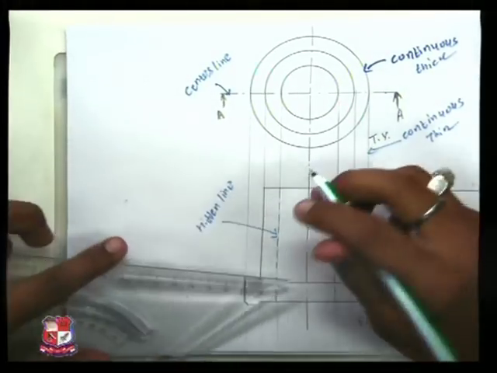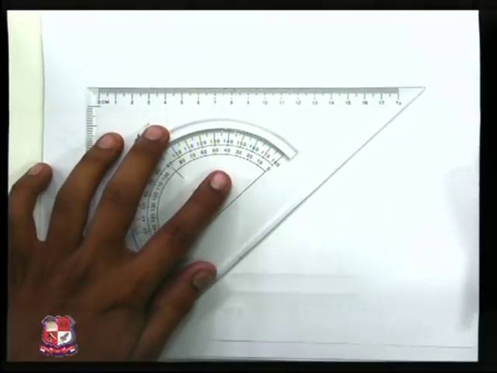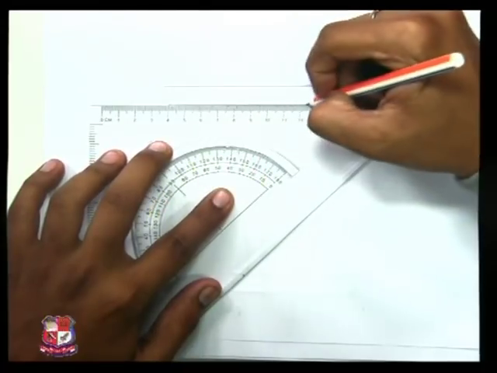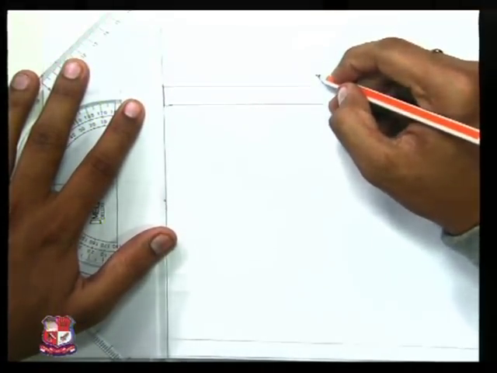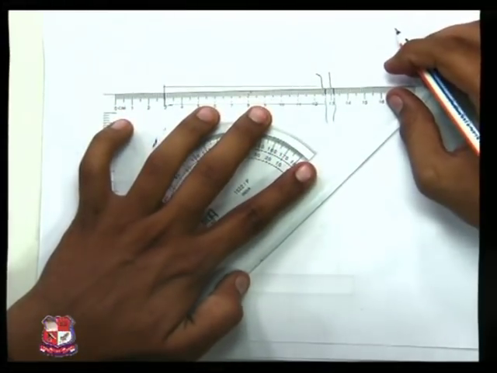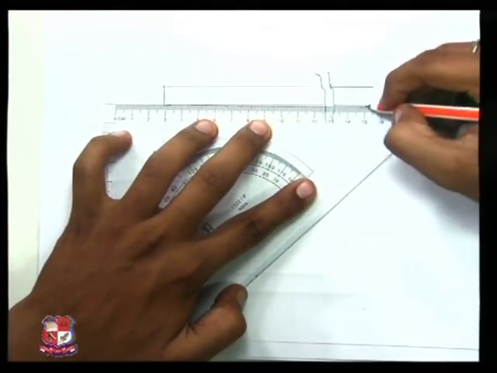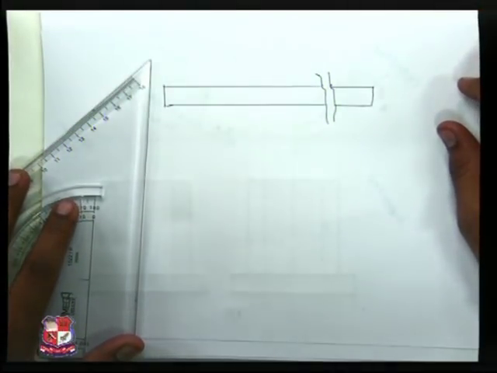Let's say I am having a shaft that is 2 kilometers long, which I need to represent. So what I'm going to do is just break in between to represent it and show that this shaft is 2 kilometers long.